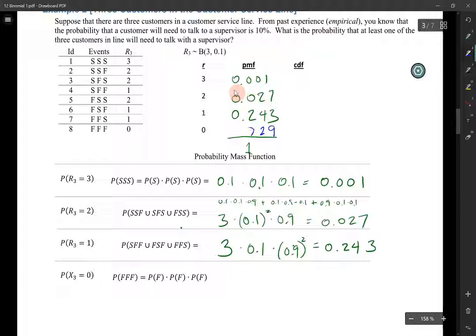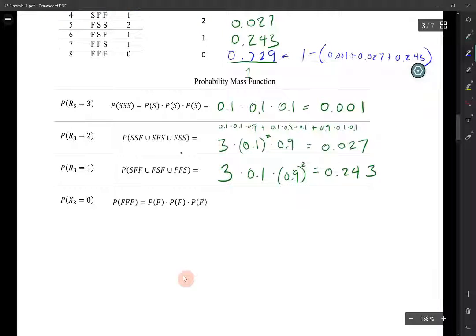And then if we make that 7, it should add up to 1. And so just by doing 1 minus 0.001 plus 0.027 plus 0.243.